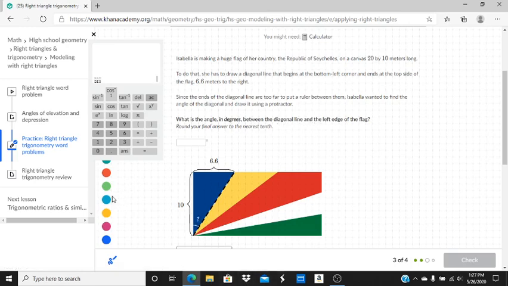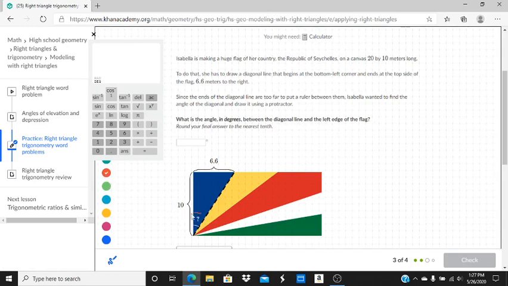So they even put a question mark. We're looking for this angle. We have the opposite and the adjacent side. So this unknown angle, let's call the angle x. So we can say the tangent of x degrees equals the opposite side, 6.6 over 10.